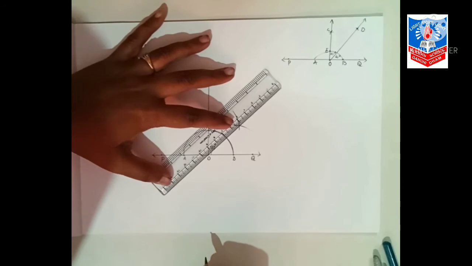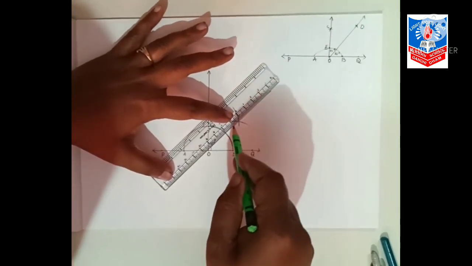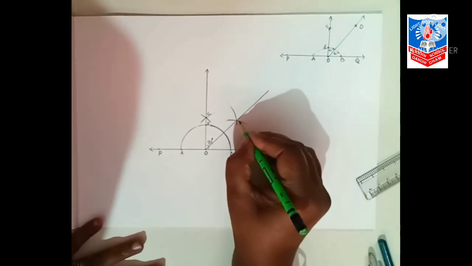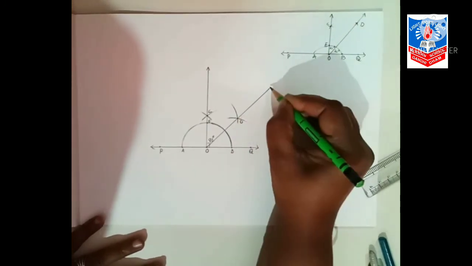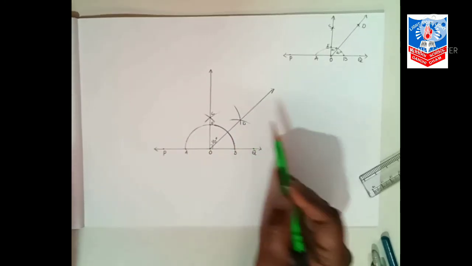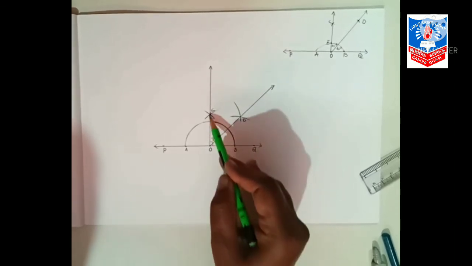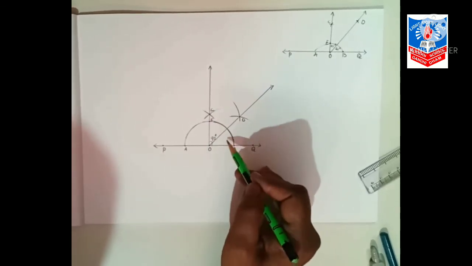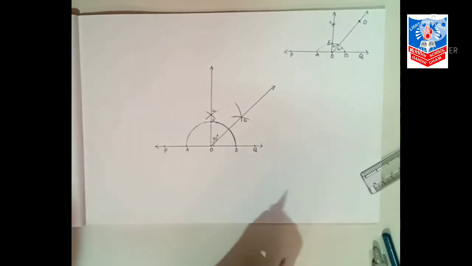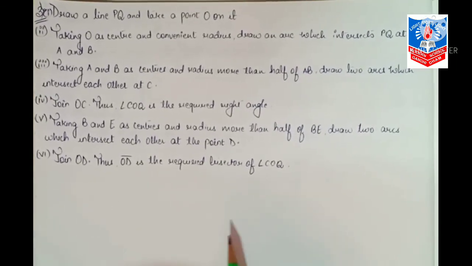Now join this. Name this D. Now see, OD is the bisector of angle COQ. This is 90 degrees. Bisector means half. This is 45 degrees and this is 45 degrees. Understood? We will continue further in our next class.